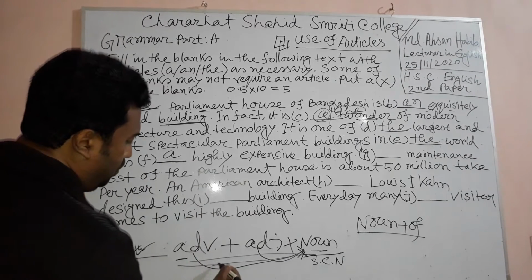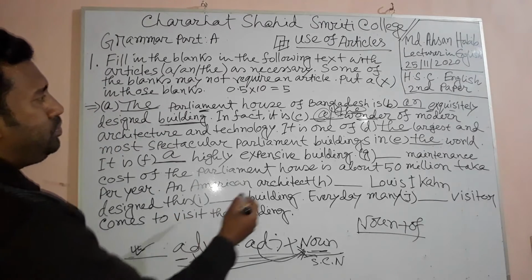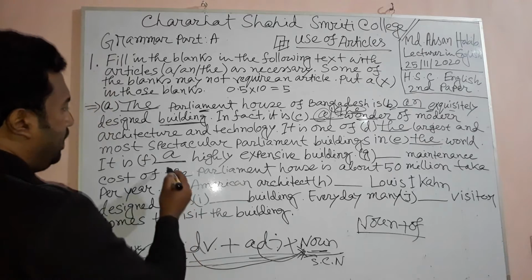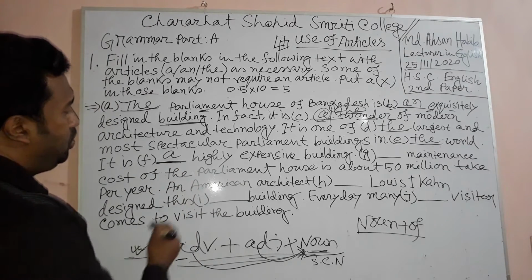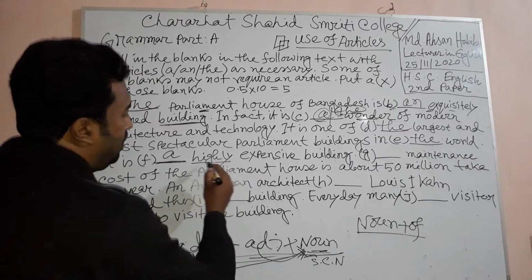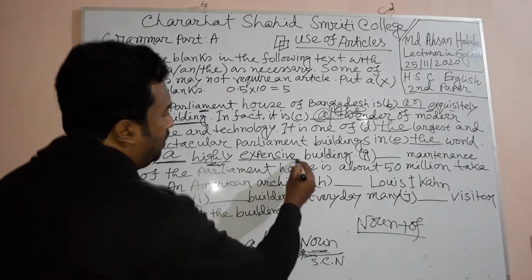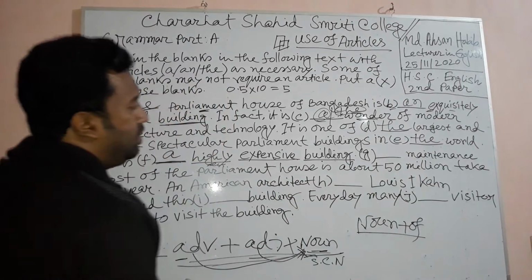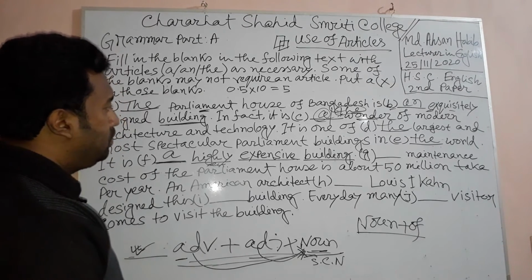This is the rule I have discussed in blank B. Here is the same rule, that is, we have an adverb, an adjective, and a singular common noun.